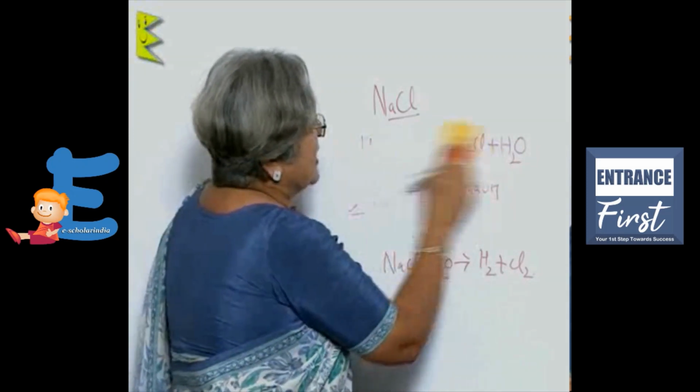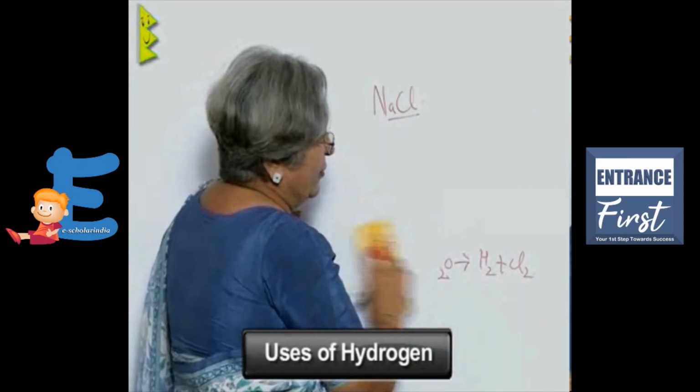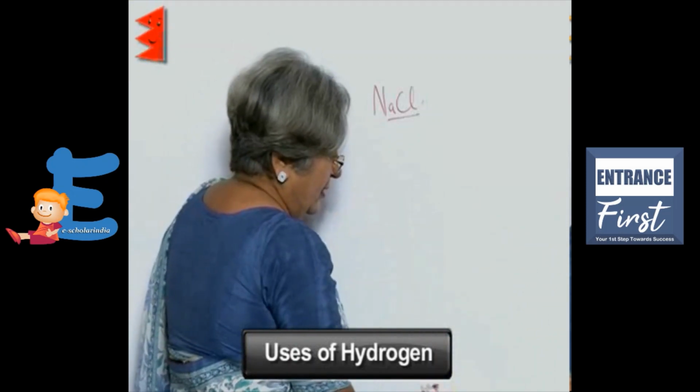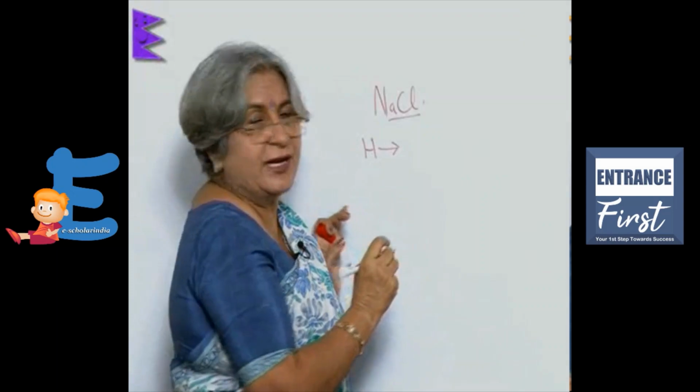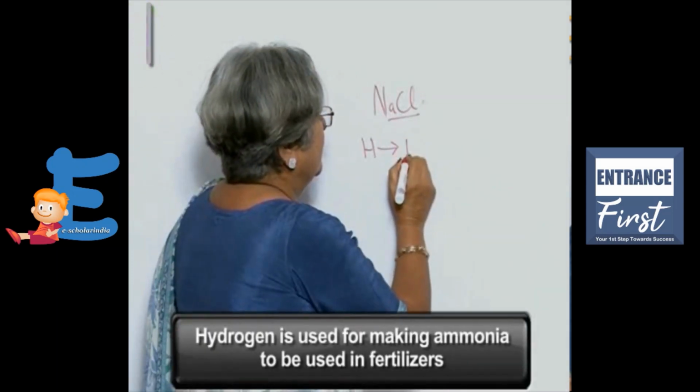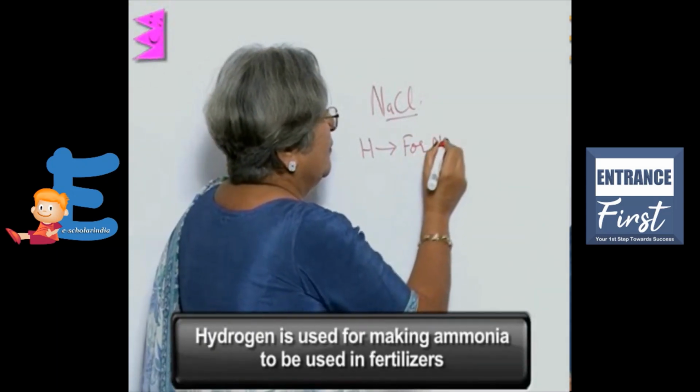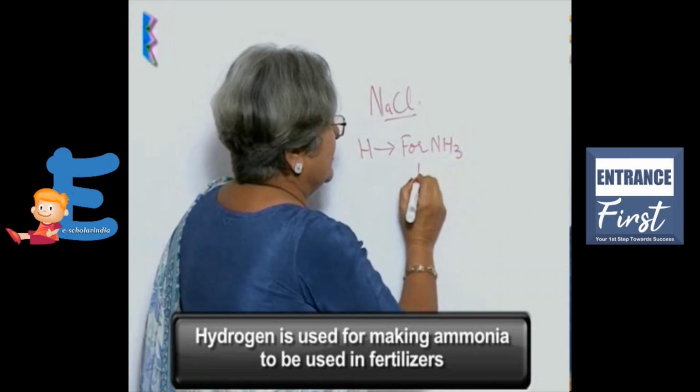So now we will understand what are the uses of hydrogen. Hydrogen is needed for manufacturing ammonia, for making fertilizers.